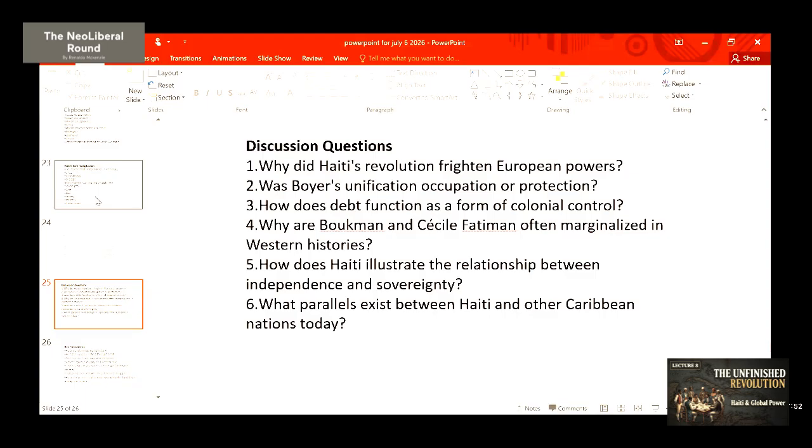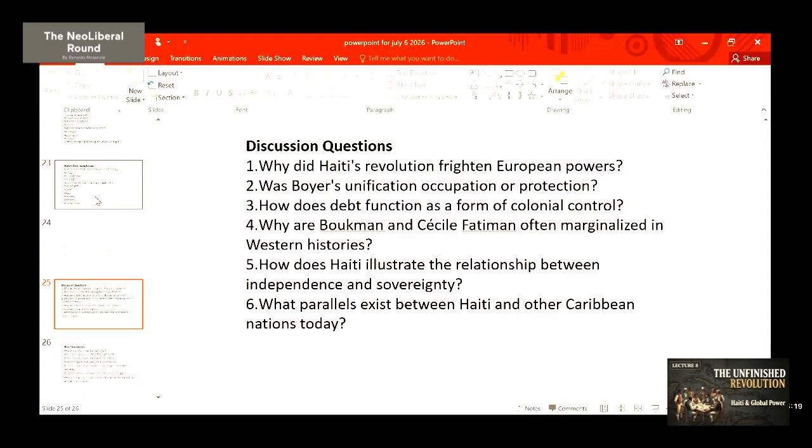While claims of direct U.S. involvement remain unproven, many Haitians and observers continue to point to the role of local elites and so forth in terms of destabilizing the country. Now, just to wrap up here, this pattern is not unique to Haiti. Across the Caribbean and the wider global South, nations that attempt independent paths, like Togo or Congo, have often faced punishment.